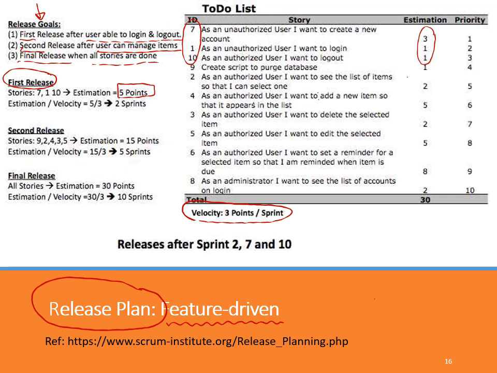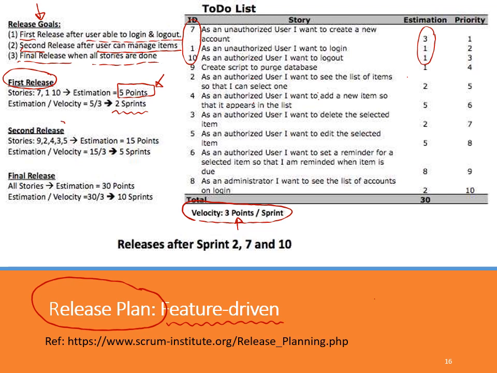That is the meaning you can try to understand by velocity and team effort points. So for this first release, since it requires 5 points, and our team can do 3 points per sprint, to complete all stories for the first release, we need 2 sprints for the team, okay?